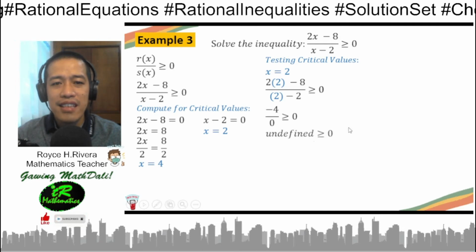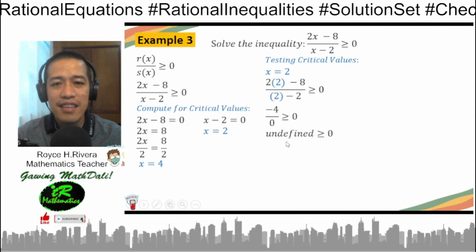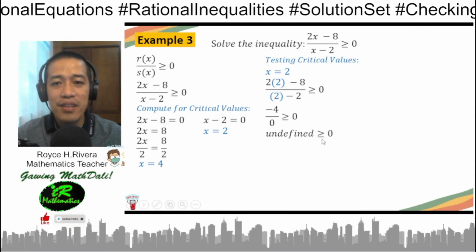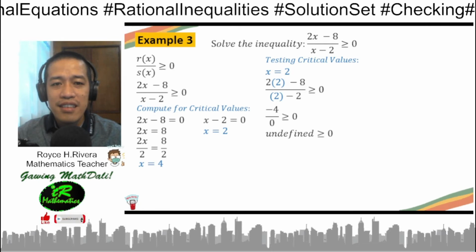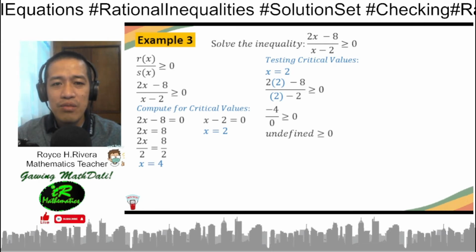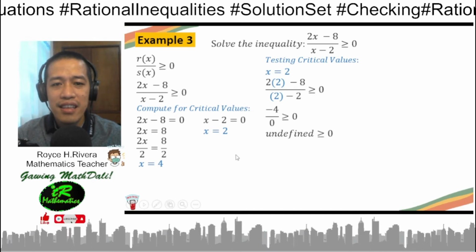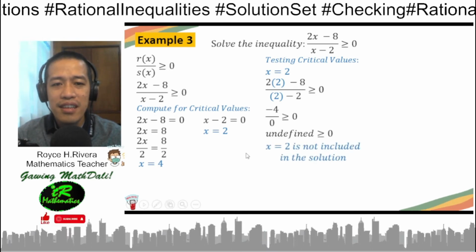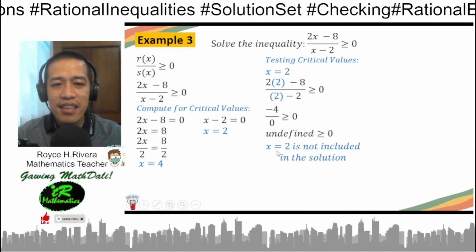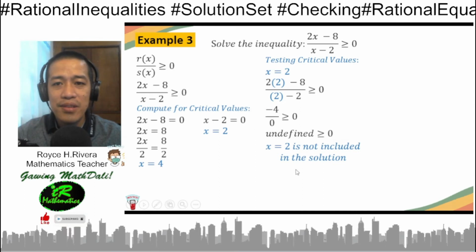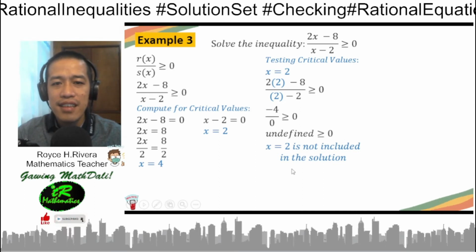And this is undefined. So undefined is not greater than or equal to 0. So the value 2 did not satisfy the inequality. Therefore, x equals 2 is not included in the solution. Hindi kasali.